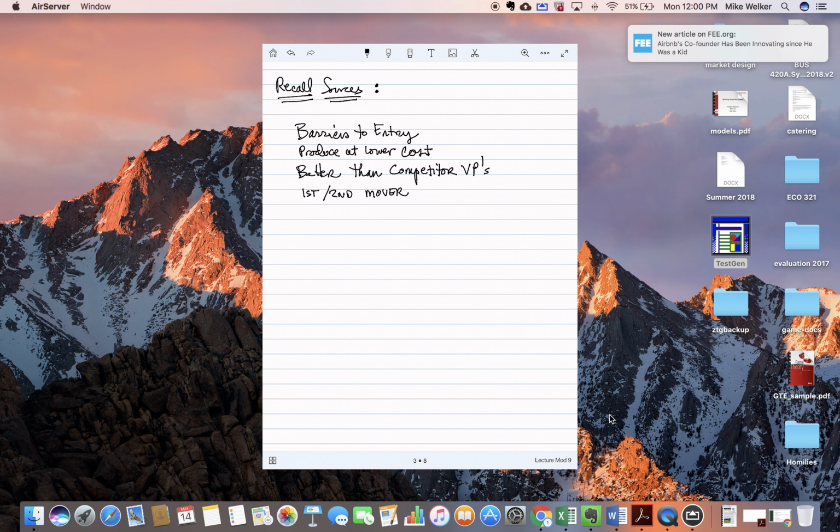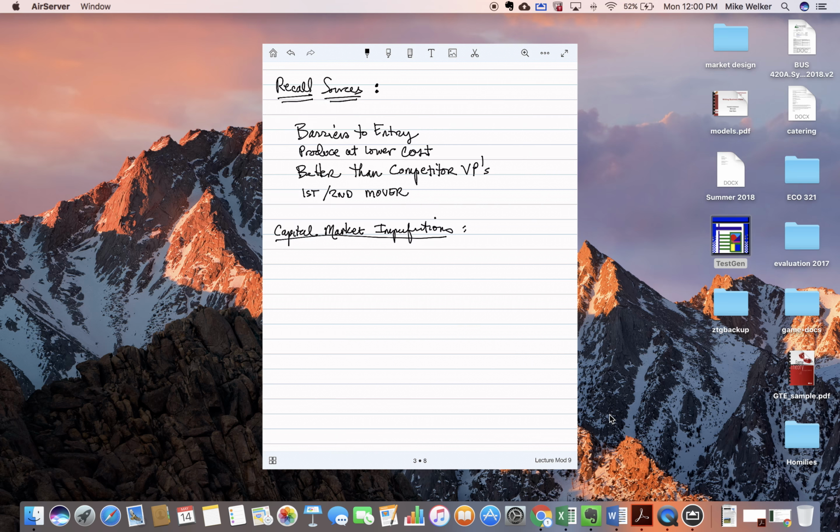So, for instance, in capital market imperfections, a couple of themes arise. It could be that there's the issuance of securities that firms will undertake, and those securities that were issued are worth less than the proceeds that the firm receives.